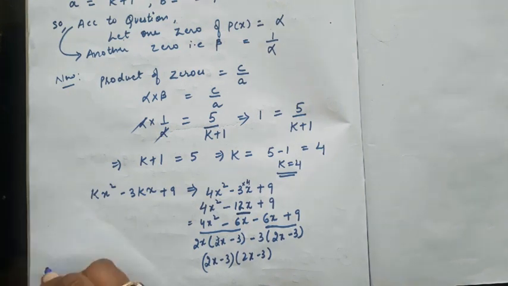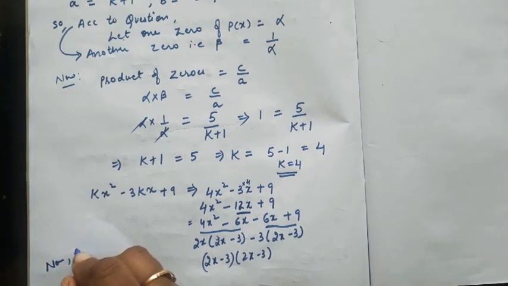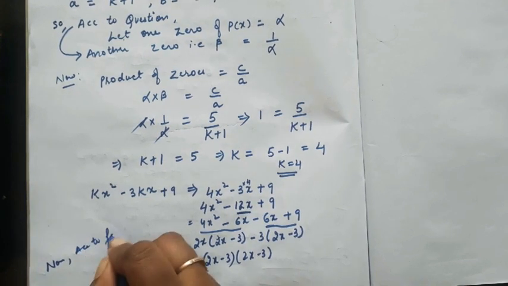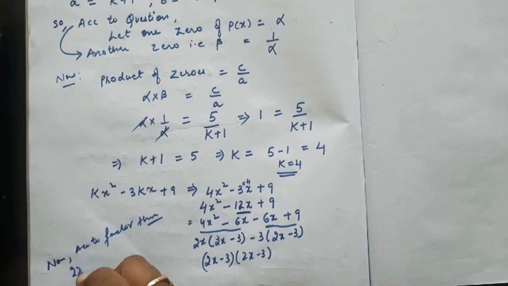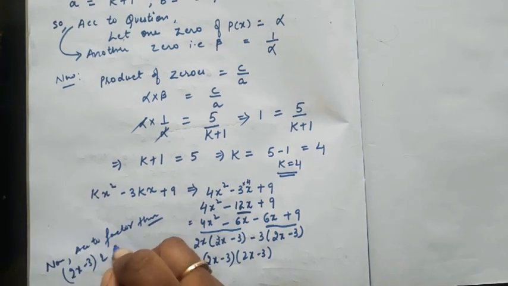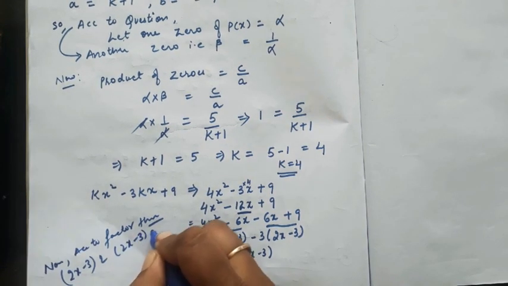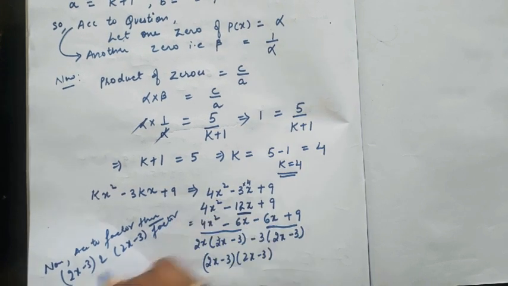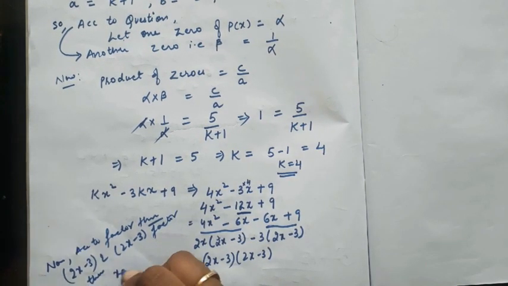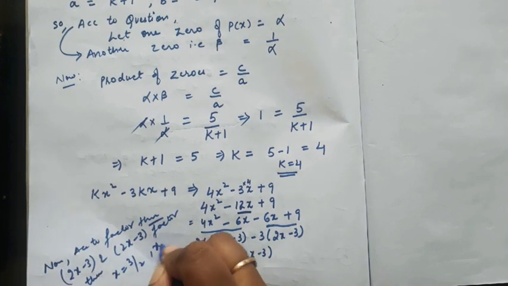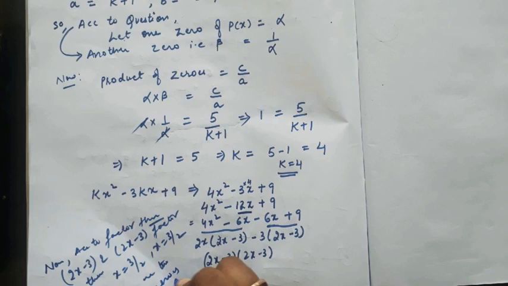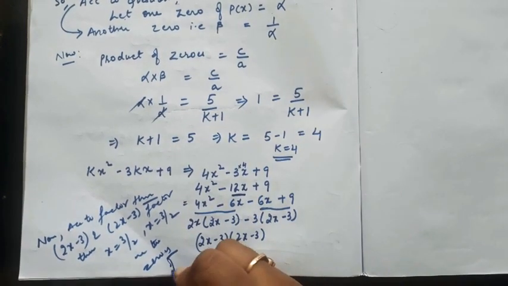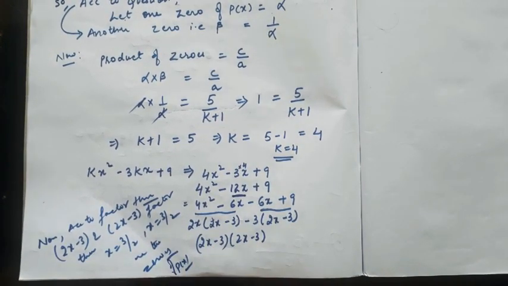Now according to the factor theorem, if 2x minus 3 and 2x minus 3 are factors, then x is equal to 3 by 2 and x is equal to 3 by 2 are the zeros of the polynomial p(x). I think it is clear to all of you.